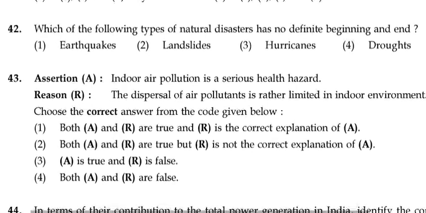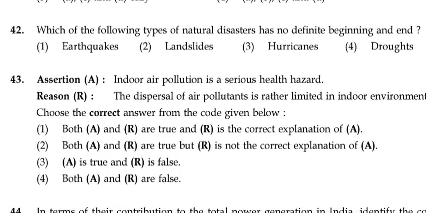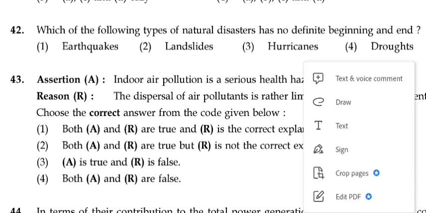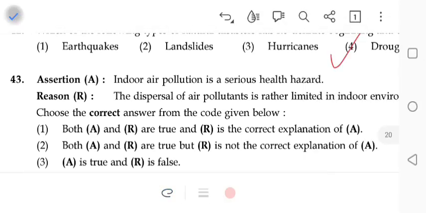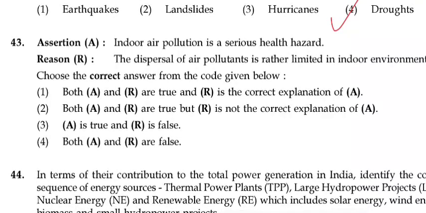42, which of the following types of natural disasters has no definite beginning and end? Earthquake, landslides, hurricanes, droughts. For 42, it will be droughts. 43, assertion A, reason R. A is saying indoor air pollution is a serious health hazard.